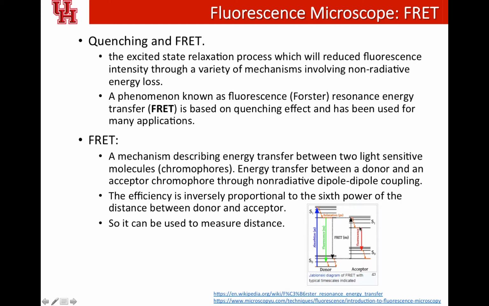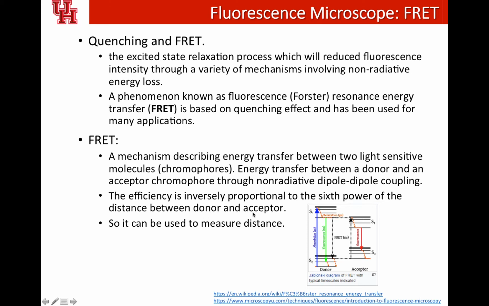And then the second molecule will re-emit light at its own frequency, which is red light. If the acceptor is really far away from the donor, the FRET efficiency, the energy transfer efficiency, is inversely proportional to the sixth power of the distance between donor and acceptor.